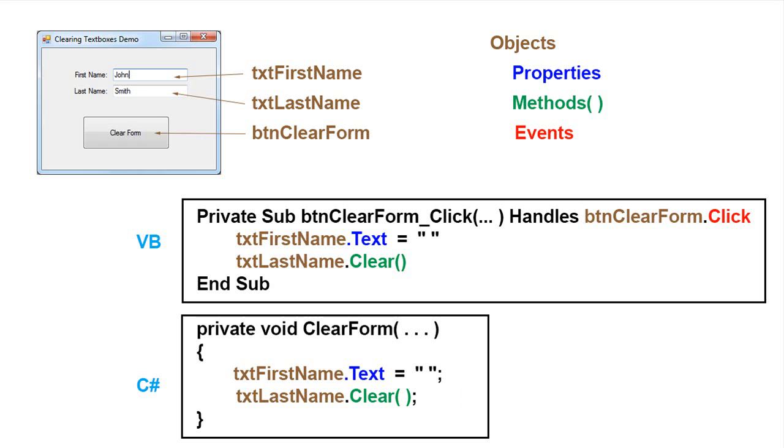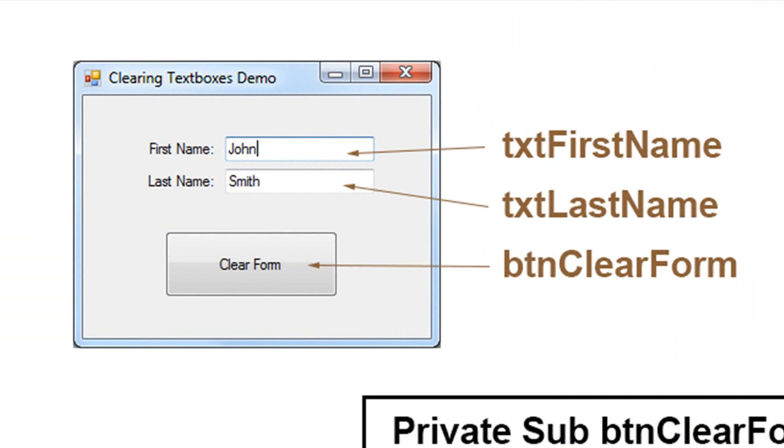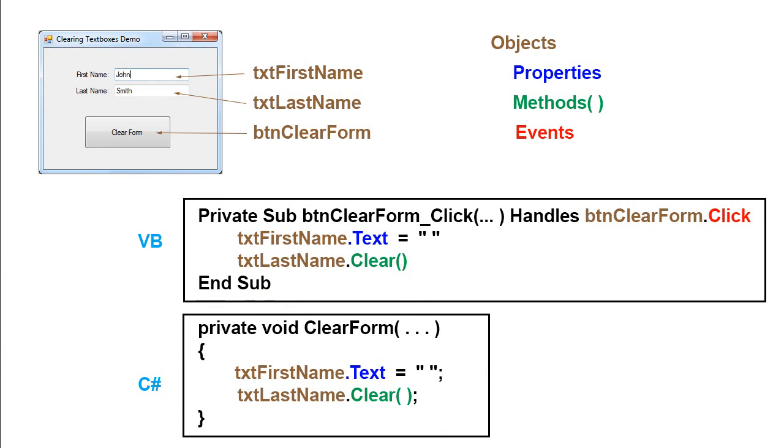So let's look at how we might use a property or a method to clear a text box. So I have a form here with two text boxes named txtFirstName and txtLastName, and a button named btnClear. And when the user clicks that button, we want to clear the contents of those two text boxes. And that's what I'm doing in the code here, both for VB and C#. And I'm using two different ways of doing it.